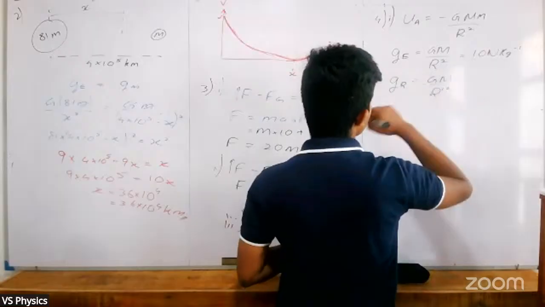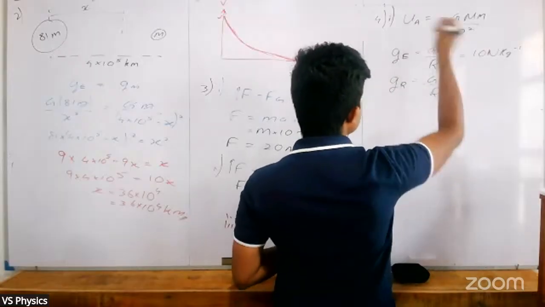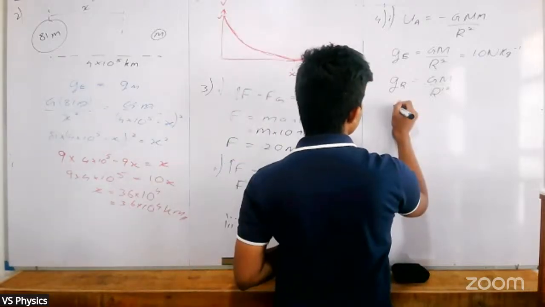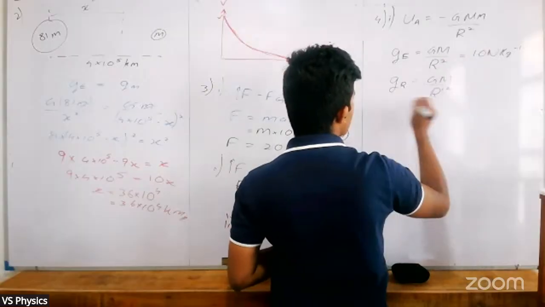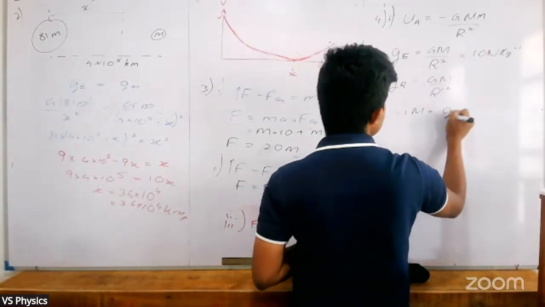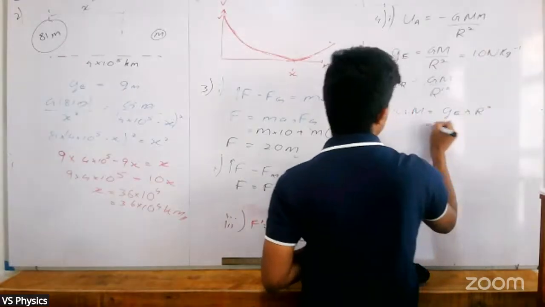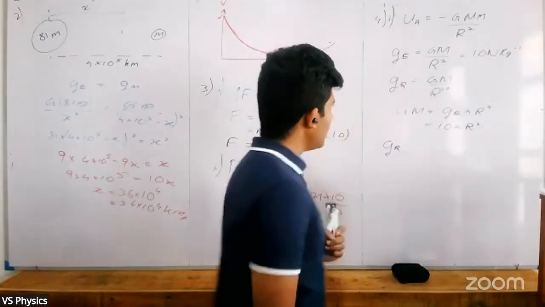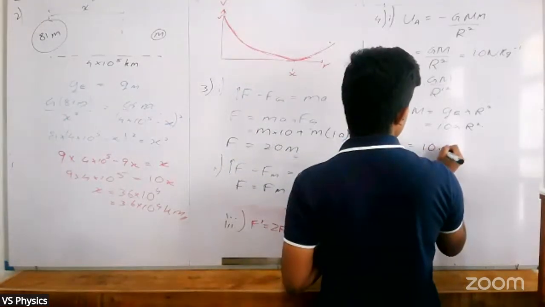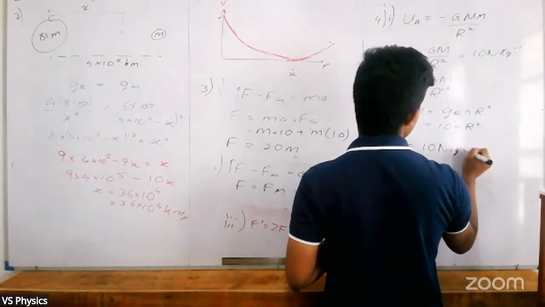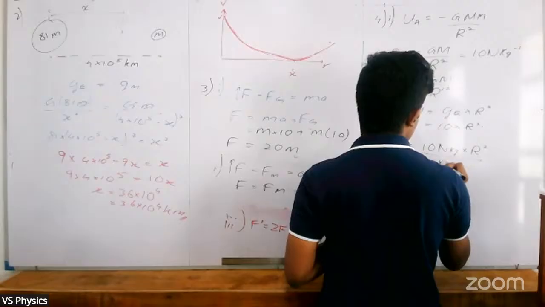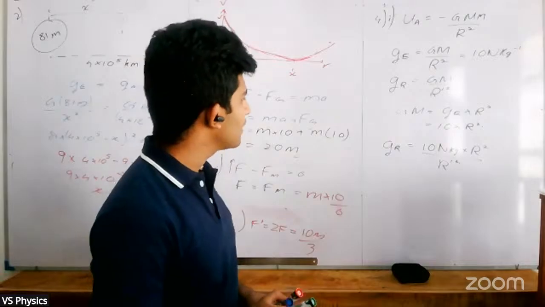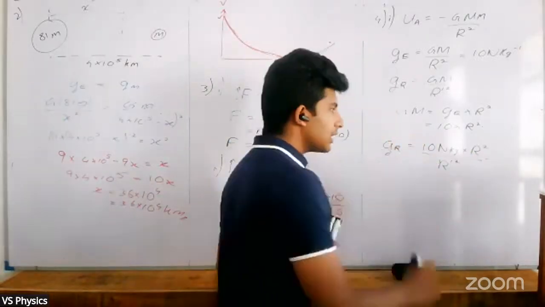We can substitute a value for GM. GM is equal to g_e times R square, or in other words 10 times R square. So the gravitational acceleration at R dash is 10 newtons per kilogram times R square divided by R dash squared. Using this, we can find the gravitational acceleration at point A and point B.